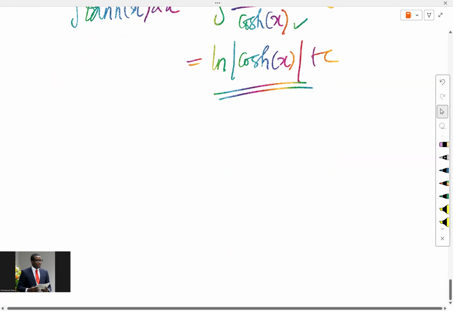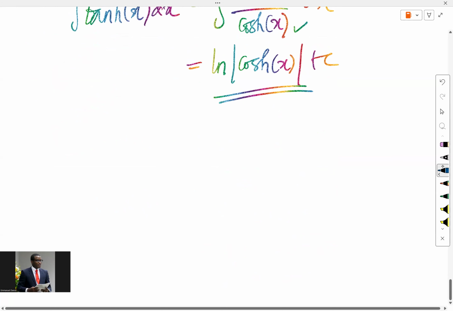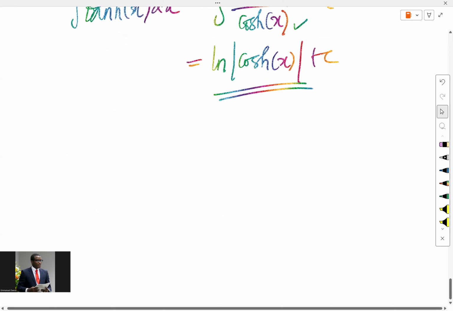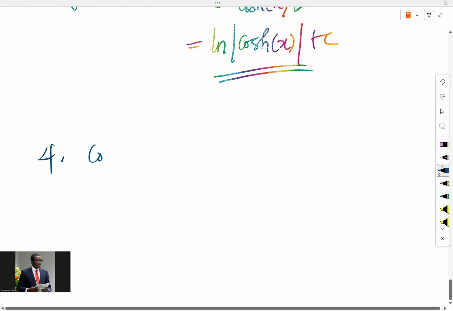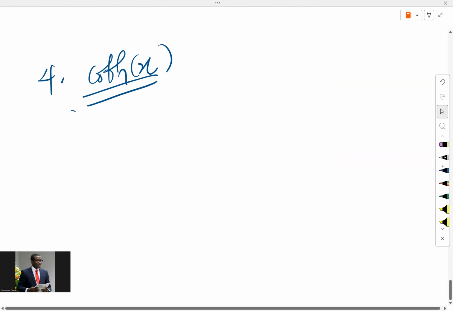So we talk about the fourth one, I believe. Yeah, the fourth one is cot x. So the integral of cot x dx is equal to, of course, cot is cos over sin.